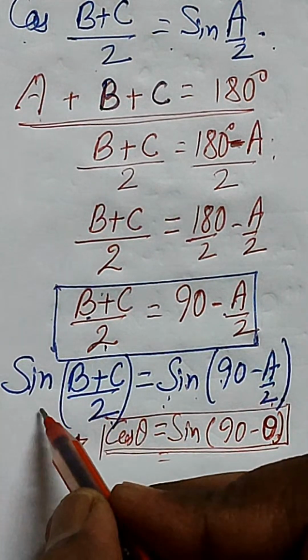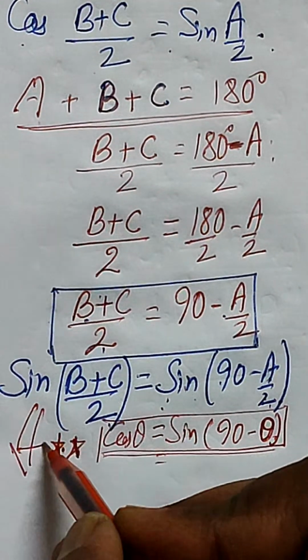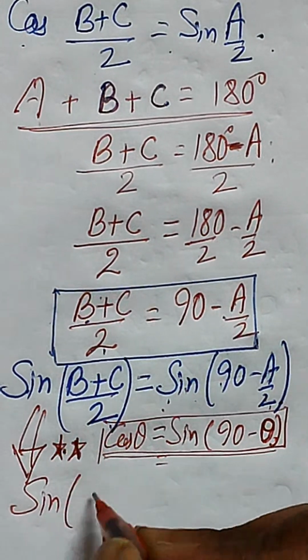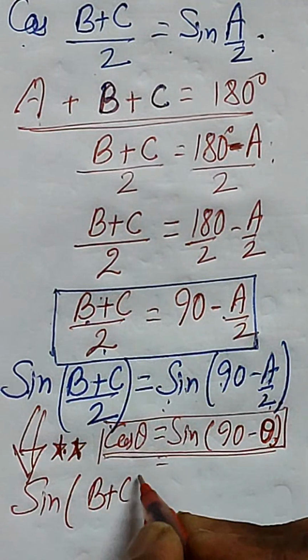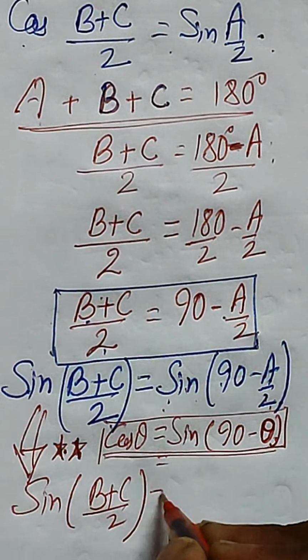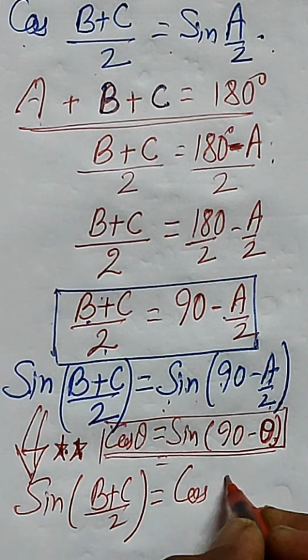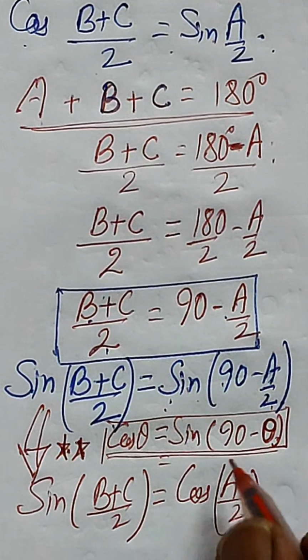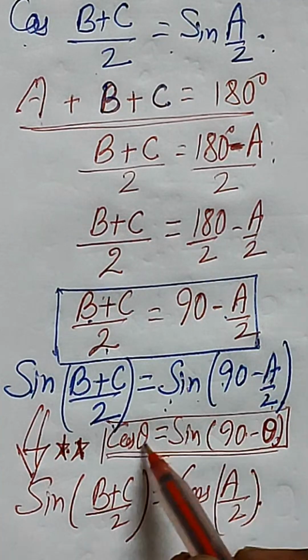Then we can simply write sine of (B plus C) by 2 is equal to cos A by 2, because sine of (90 minus theta) is cos theta.